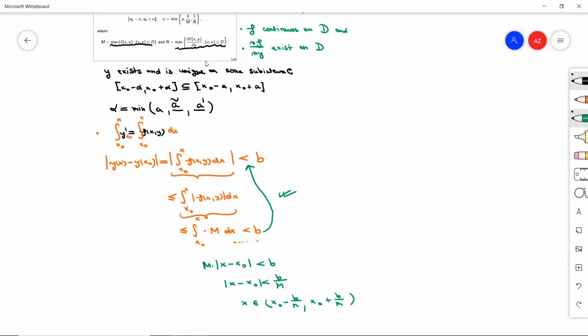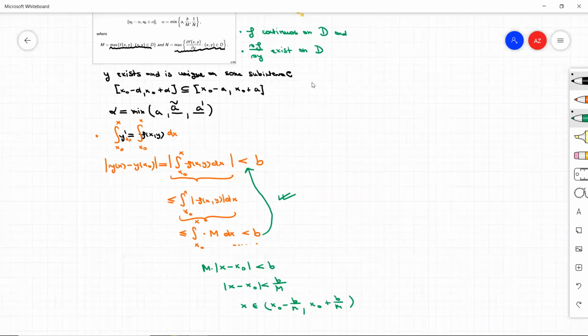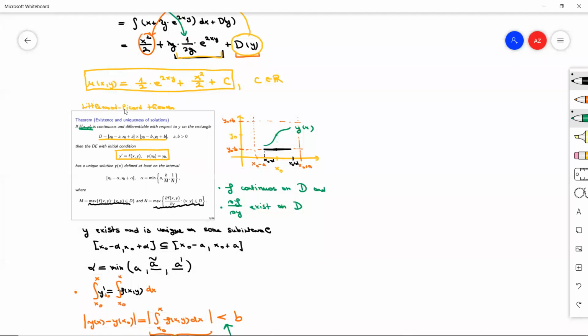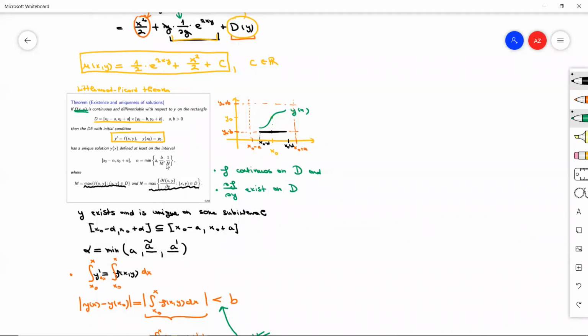If someone is interested, you just Google the Lindelöf-Picard theorem, and you will see also the derivation of this third bound. It's short, but it requires this additional theorem, which we won't go through.